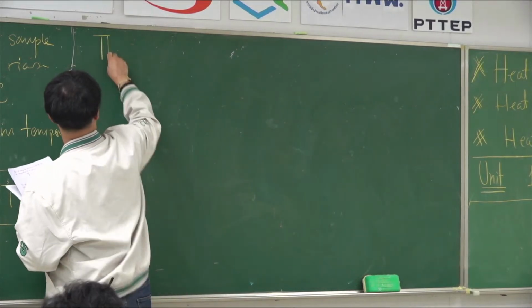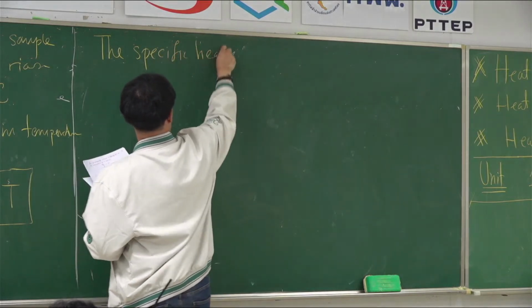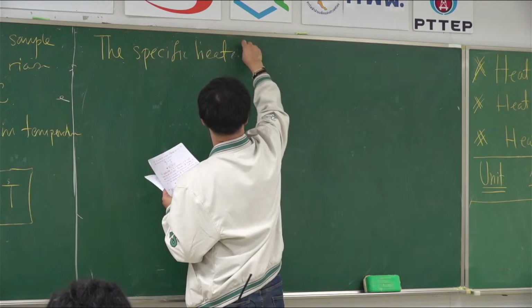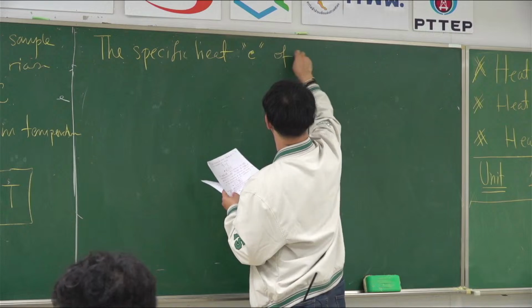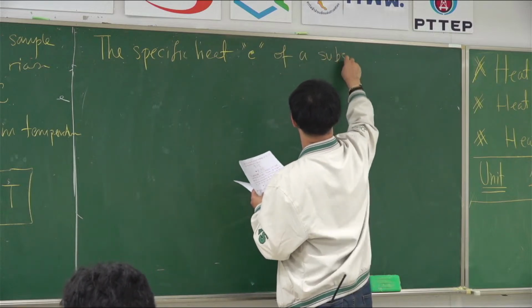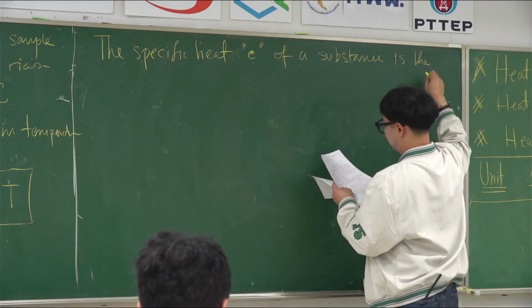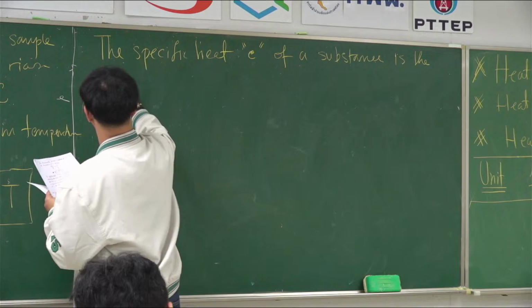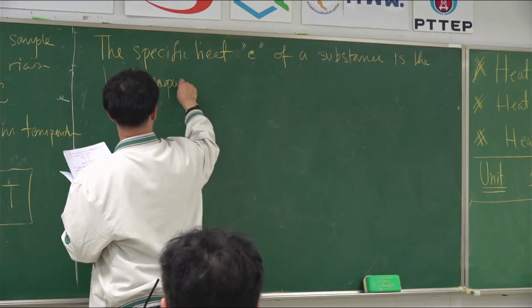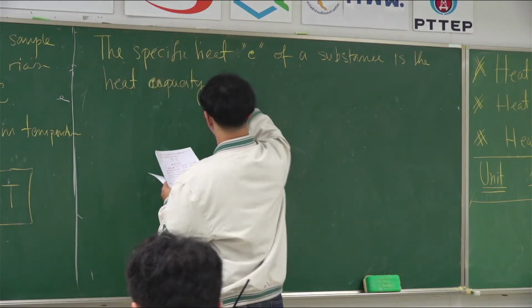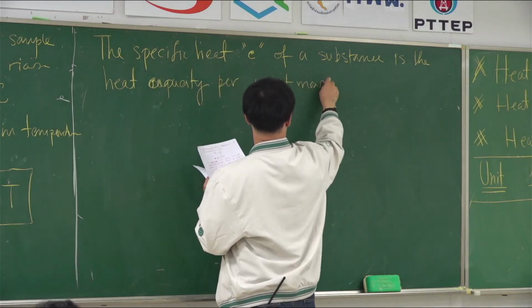So the specific heat, which normally we know by this small c of a substance, is the heat capacity per unit mass, right?